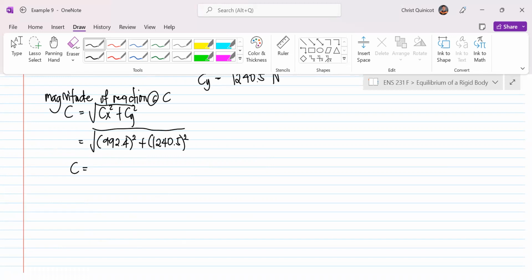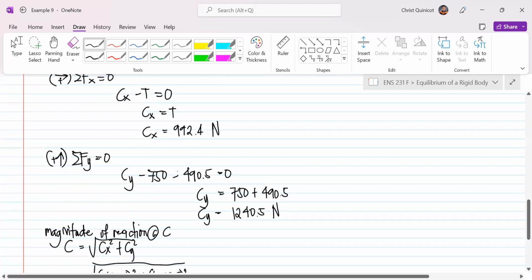And we take the square root, and that is 1,588.615,123 Newton. That is the magnitude of our reaction at C.